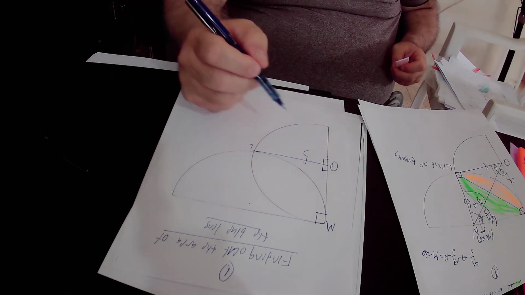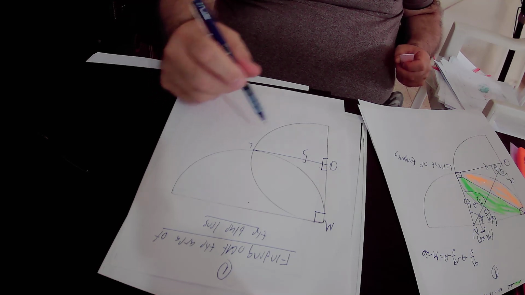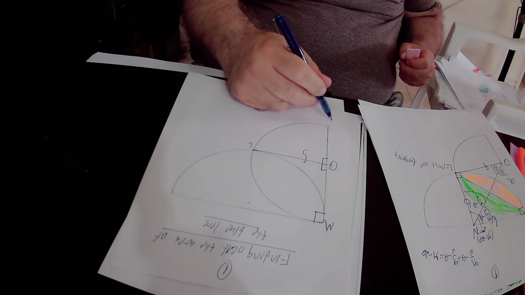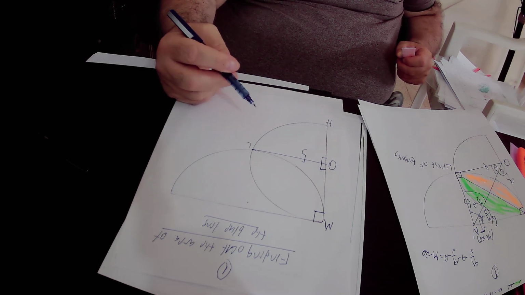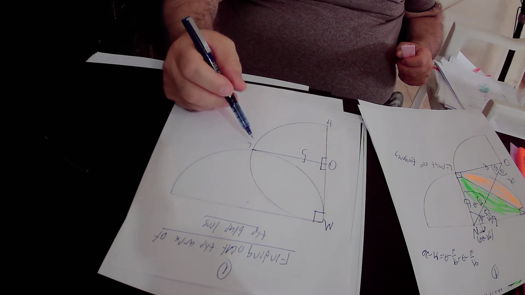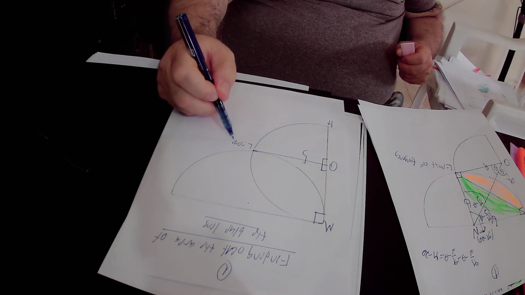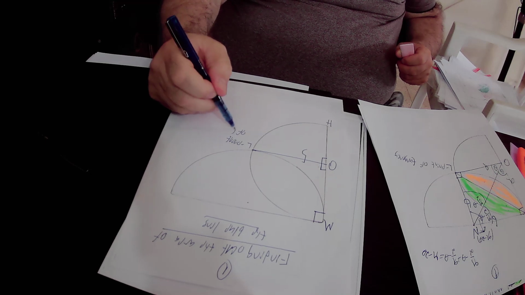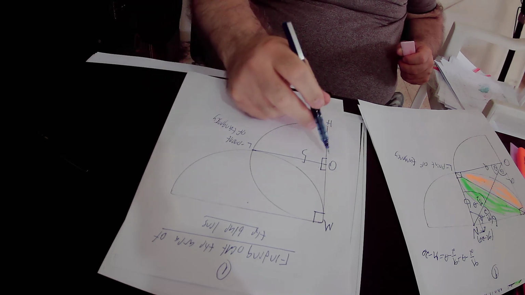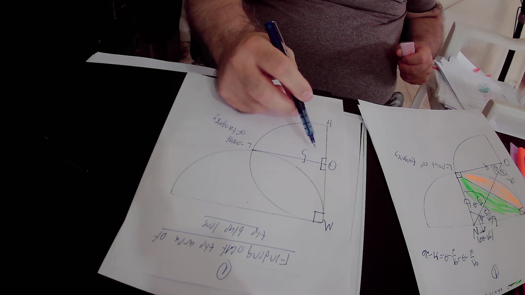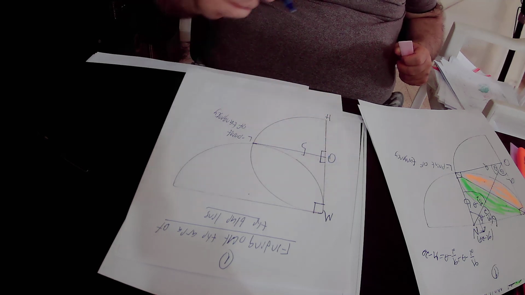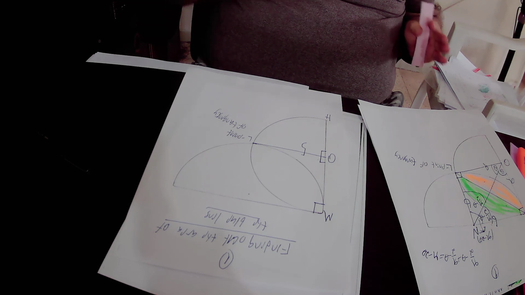But from the other side, this radius will not only be perpendicular to the diameter MH, but will also be tangent to this semicircle at point L. So point L is the point of tangency. Why? Because those two semicircles are identical.